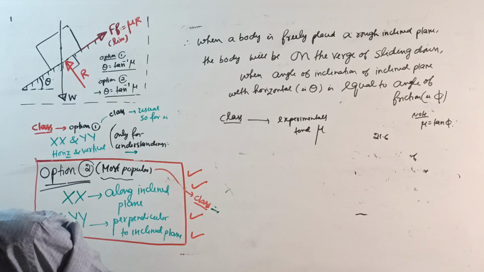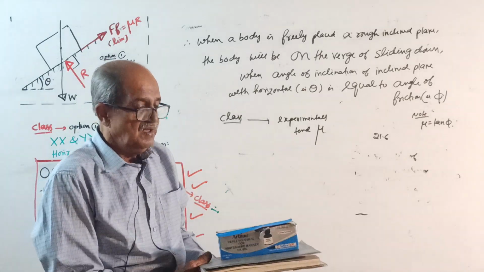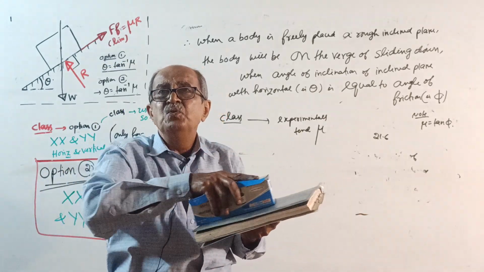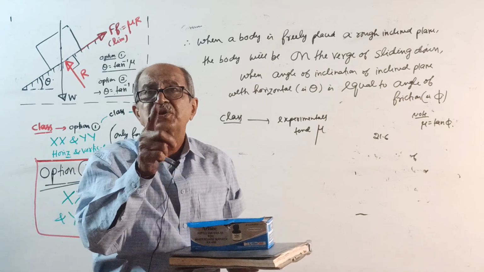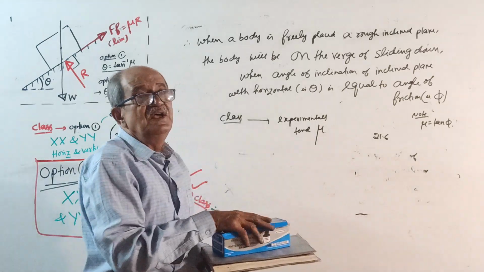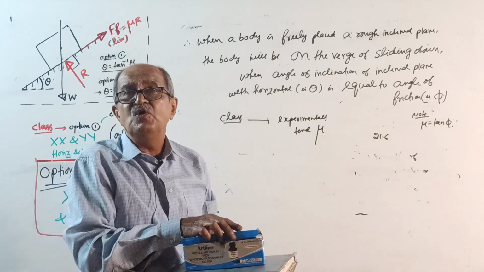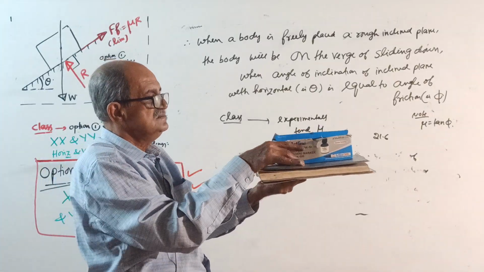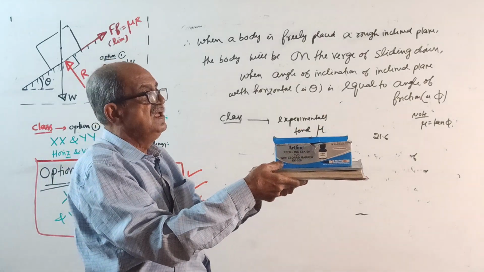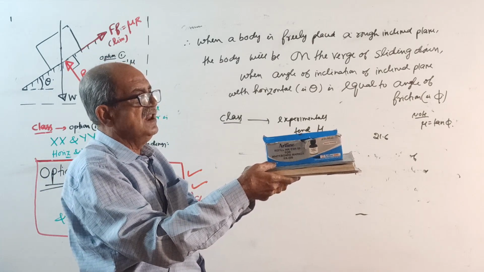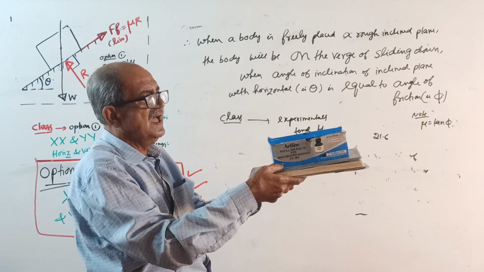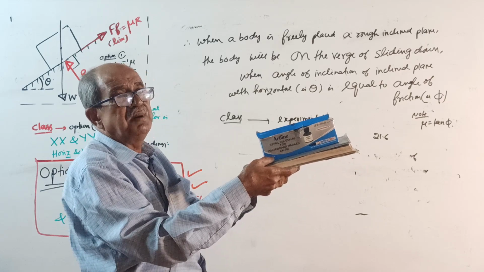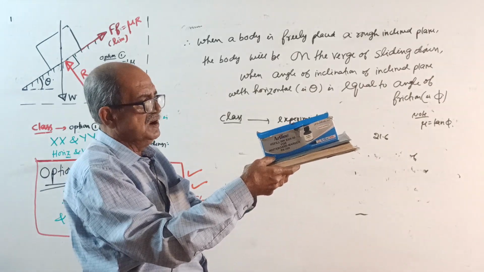It is only imagination. So, if you want to experimentally find the coefficient of friction between two contact surfaces, what to do? Place it horizontal. Nothing will happen. Then slowly increase the angle. Very slowly.